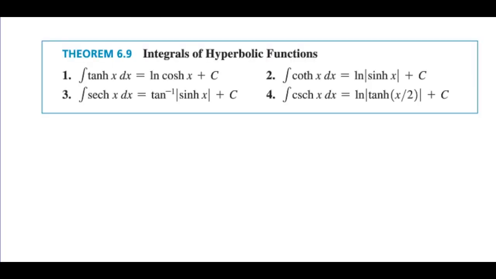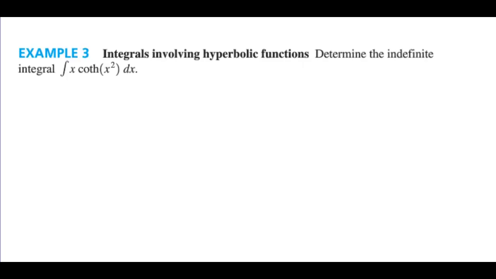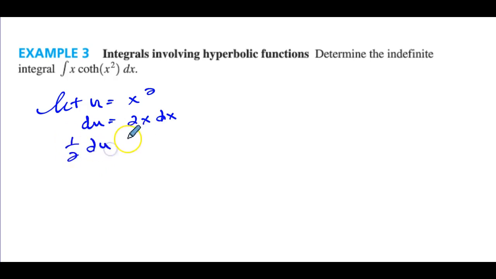So then we're going to talk about some integrations of hyperbolics. Example 3, we're going to do some more u subs, then du is 2x dx. So if I divide through by 2, I can replace x and dx. So there's my x, there's my dx. That gets replaced with 1/2, which is a constant, which I'll pop out.